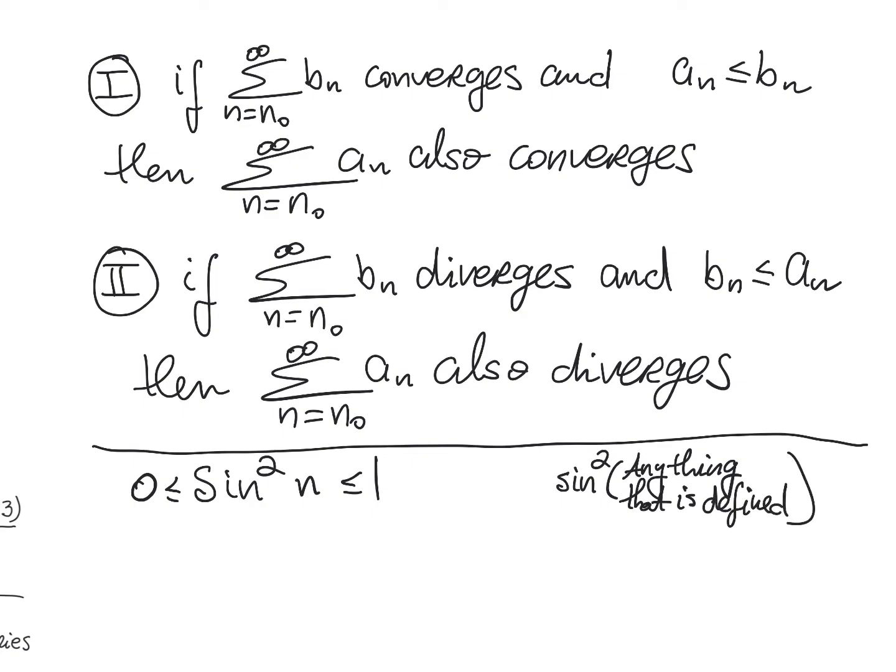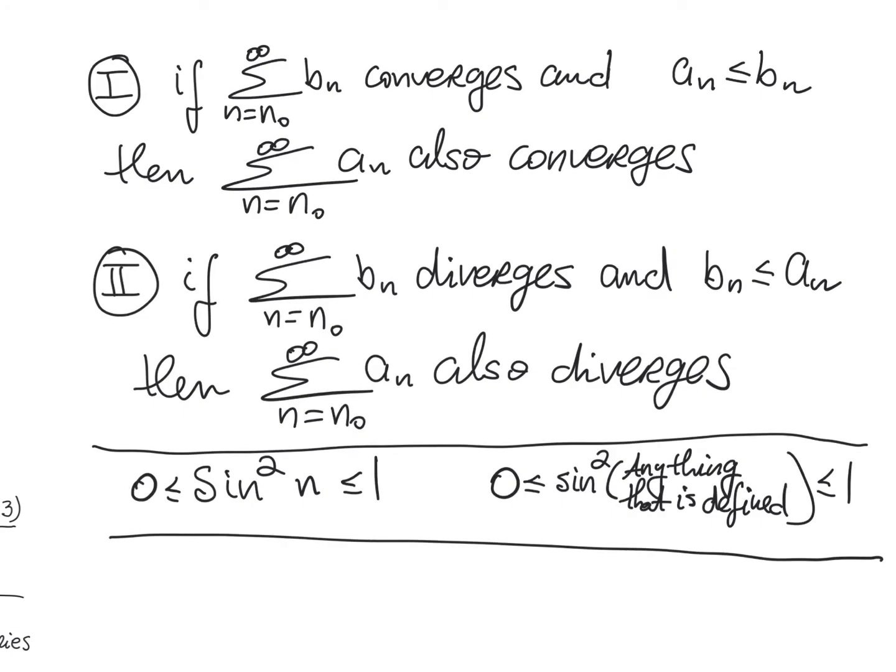If we can plug in whatever value and it's defined, it's between 0 and 1 also. So we're going to use both of these appropriately to determine the convergence or divergence of the two examples in this video.